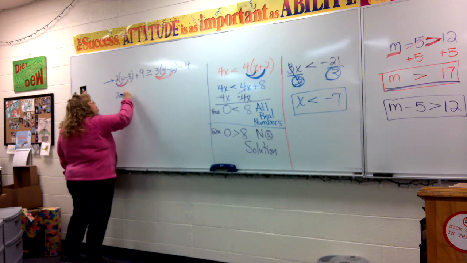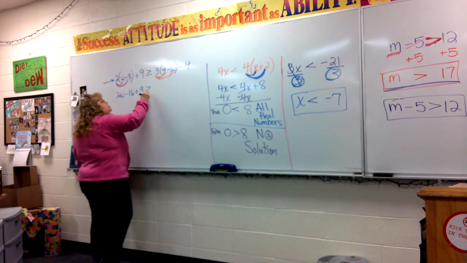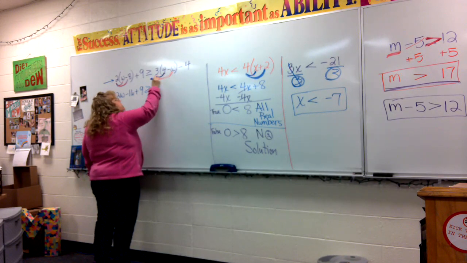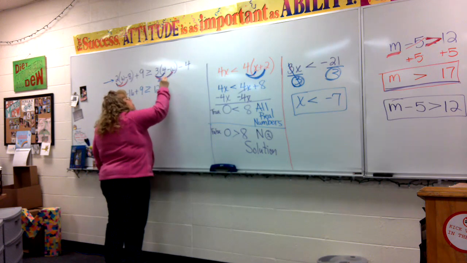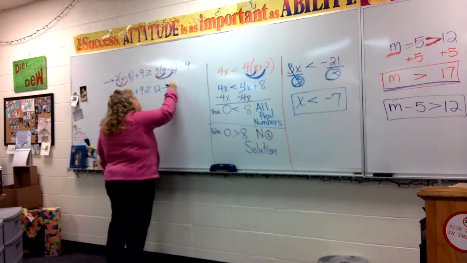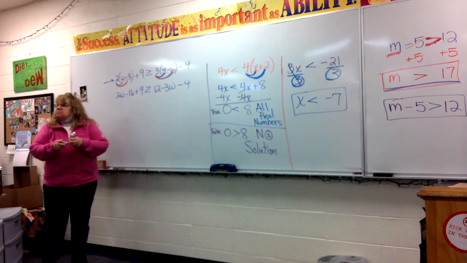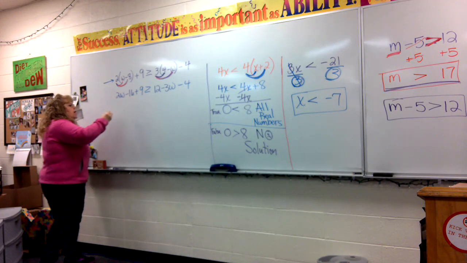2W plus 9. Look at the colors are mixing. Mystery doesn't like that. What do you get? 12 minus 4. Now I got some like terms. I think I can combine some like terms.